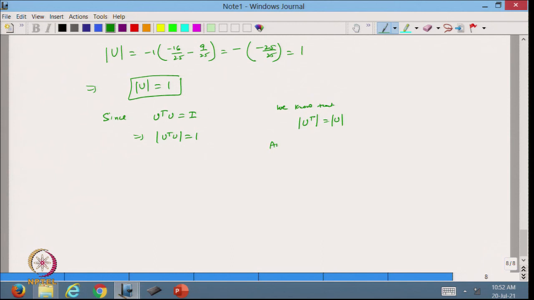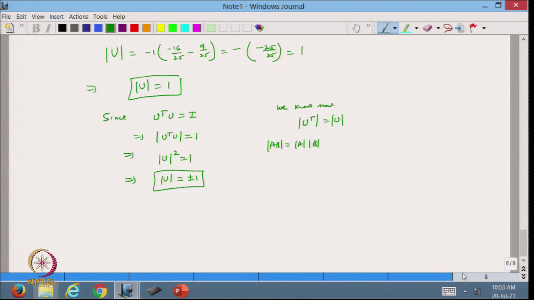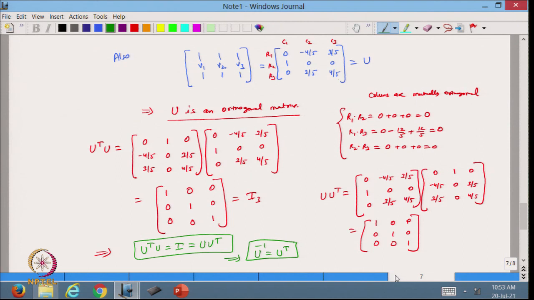Now, if I take two matrices, the determinant of the product is equal to determinant of A times determinant of B. So, that should be equal to determinant of U squared, which should be equal to 1, and from here I can say that the determinant is always plus or minus 1. So, it means that orthogonal matrices always have determinant either plus 1 or minus 1. These are some properties of the orthogonal matrix that is made up of the orthonormal basis. That is why this matrix is called the orthogonal matrix.